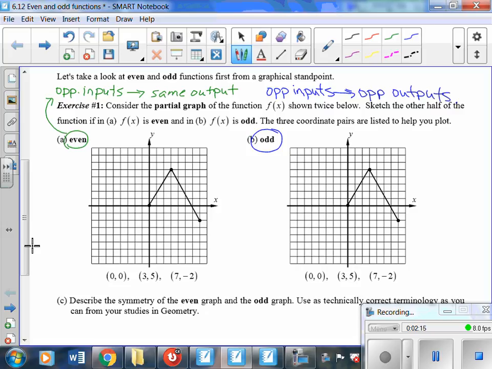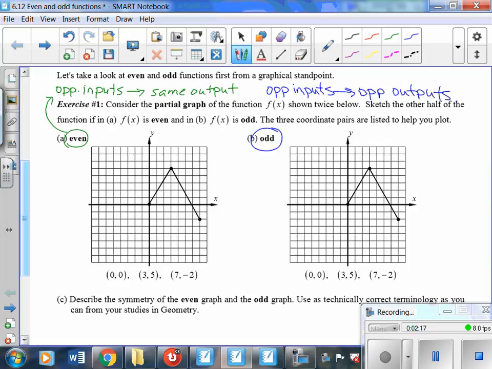So basically, if we come down here, we remember that in an even function, opposite inputs give us the same output. So obviously 0, 0 is still going to yield 0, 0. Opposite inputs, so negative 3 and negative 7 yield the same output, which means I'm still going to get 5, and I'm still going to get negative 2 here.